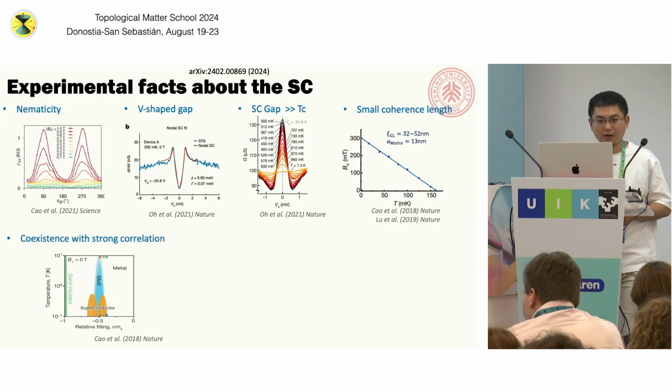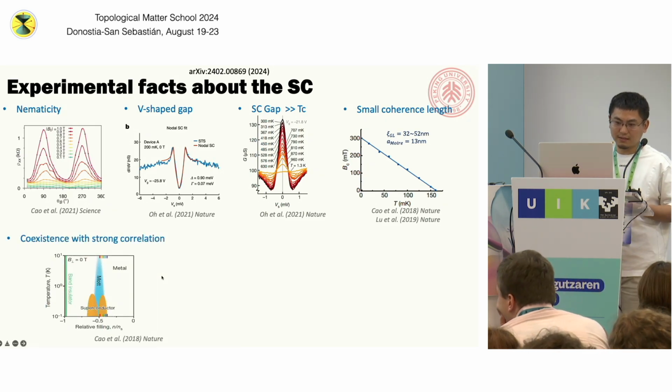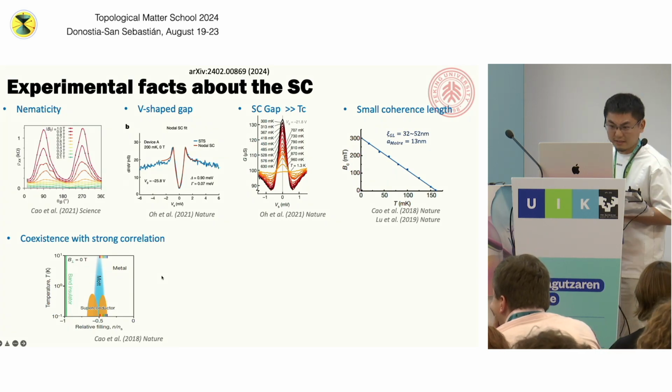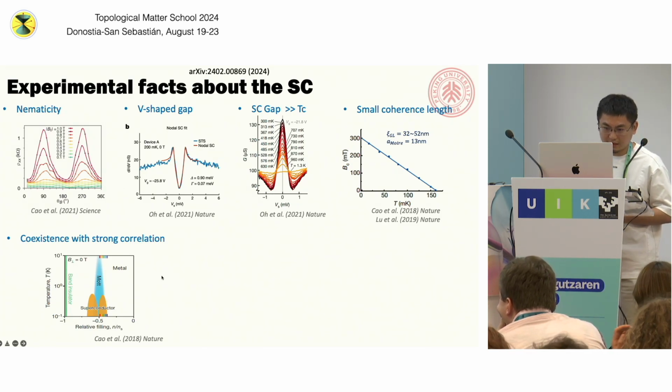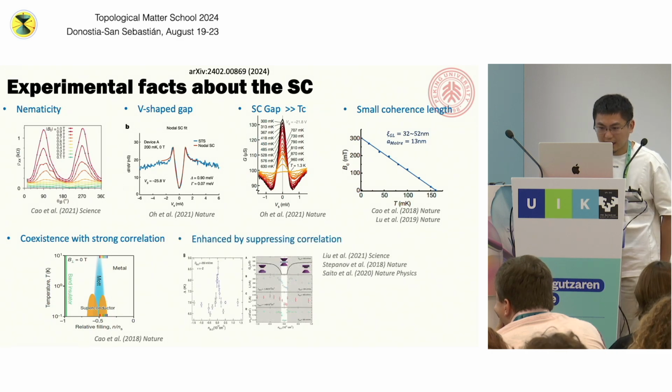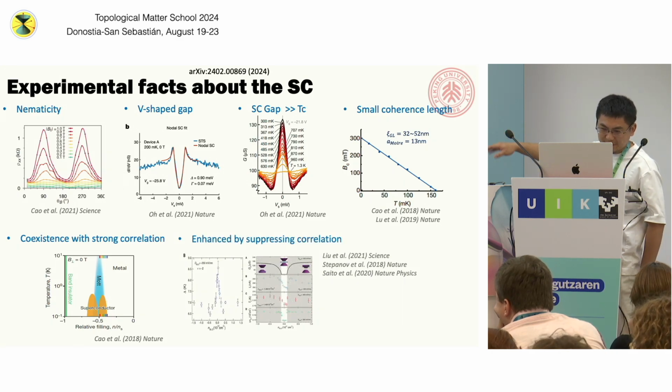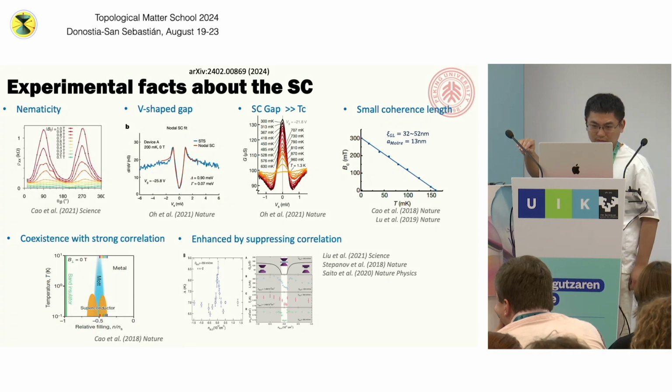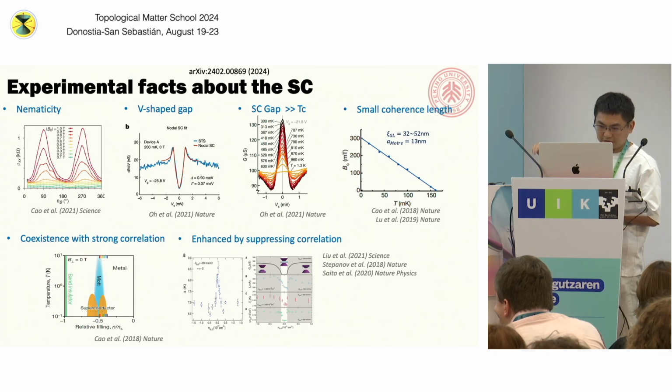It's also important that the superconductor coexists with the strongly correlated insulators. And there are some experiments showing that when the Coulomb interaction is further screened, it seems that the Tc might be enhanced a little bit.